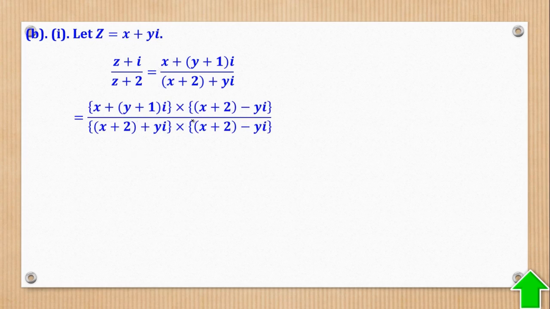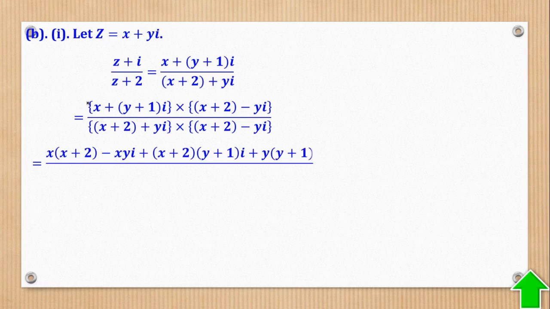Then from there I have to rationalize because the denominator has an imaginary part, to give you that. Then expand both the numerator and denominator. For the numerator I'll come up with this, and for the denominator I'll come up with the difference of two squares.